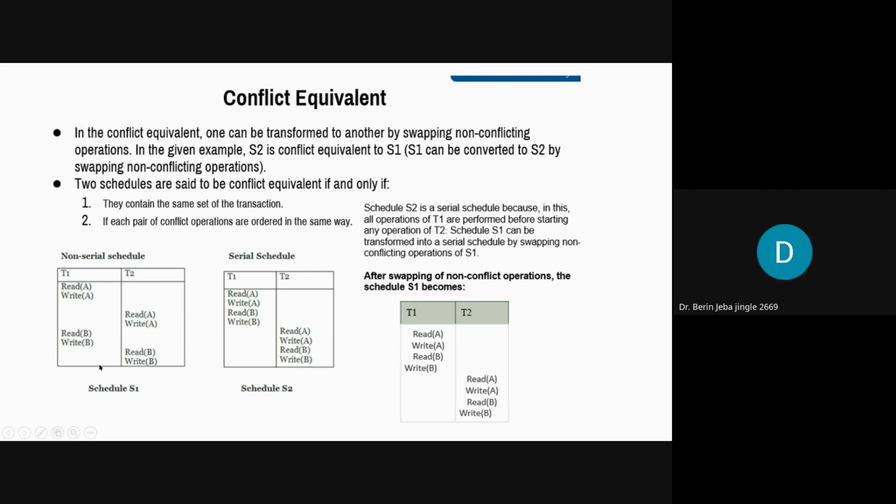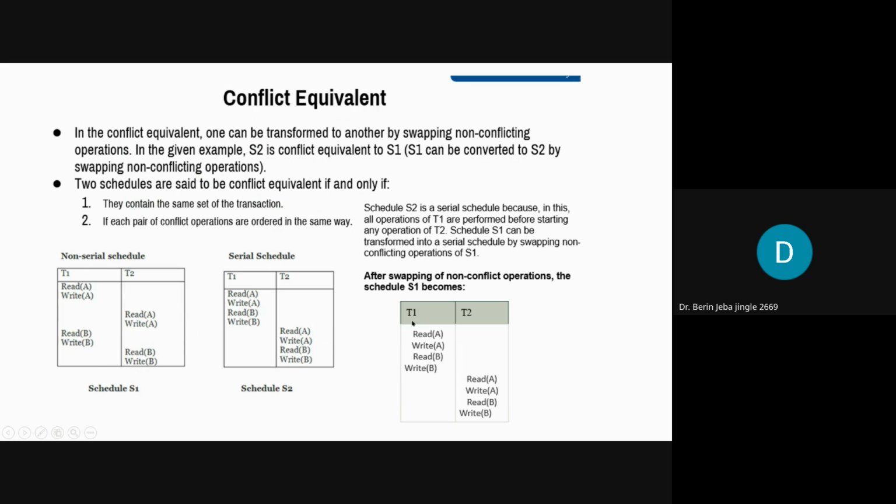S2 is conflict equivalent to S1. S1 is in the form of a non-serial schedule, so we swap it. S1 is converted to S2 by swapping non-conflicting operations.